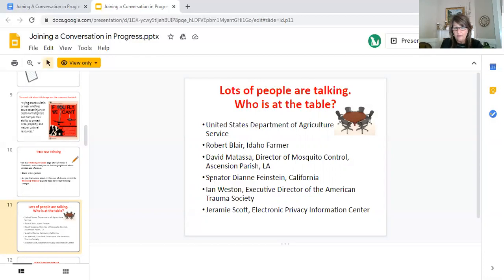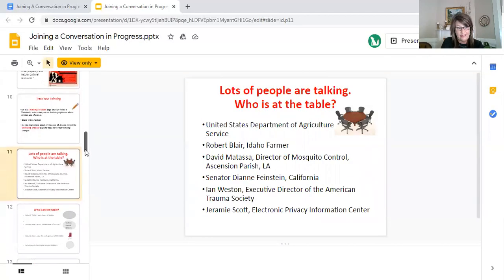And we're going to hear from a United States Senator from California, Dianne Feinstein. And we're going to hear from Ian Weston, who is Executive Director of the American Trauma Society, and Jeremy Scott from the Electronic Privacy Information Center. Those people are pretty credentialed, probably have some expertise.